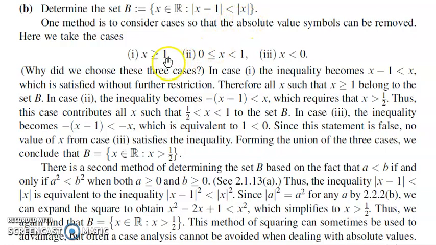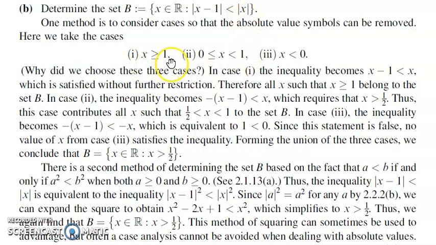That's why we chose the point 1 as well as 0. In each of these cases, we will determine the possible values that satisfy the inequality modulus of x minus 1 less than modulus of x.